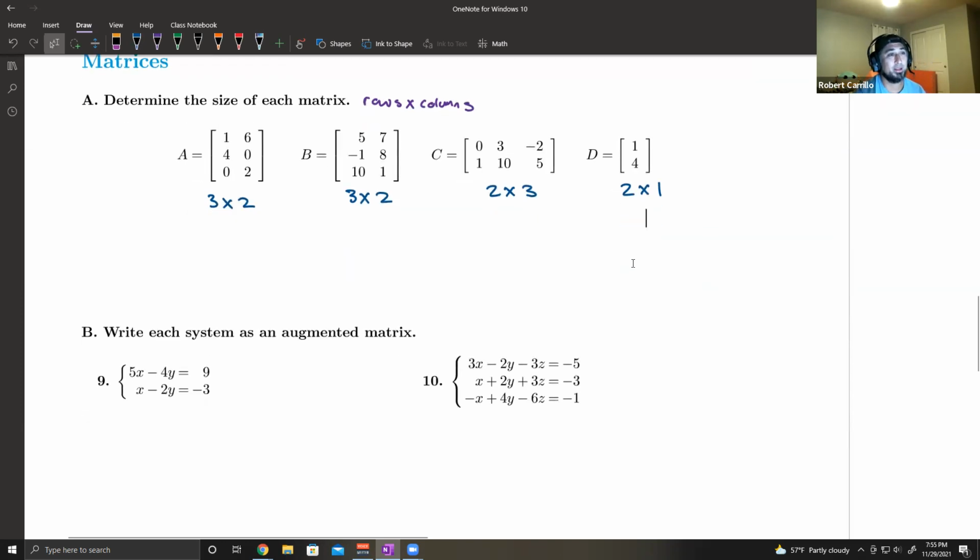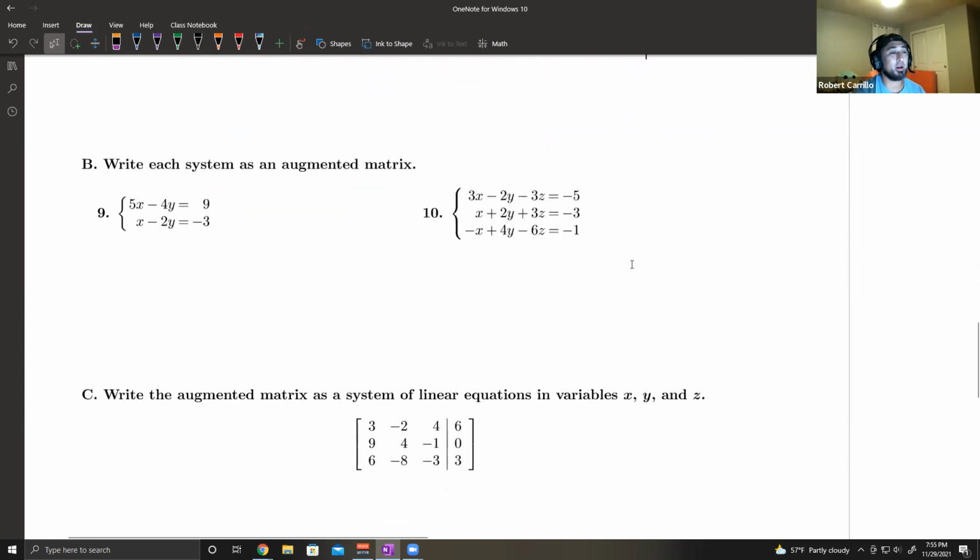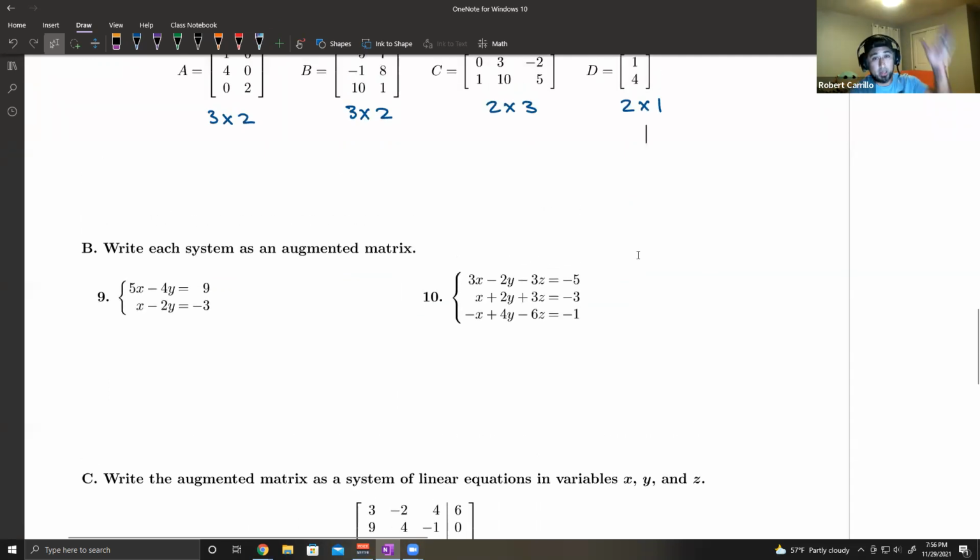Okay. So next is we want to write each system. Here we're given a system of equations, and all we want to do is write it as a matrix. When you write a system as a matrix, every column represents a variable.